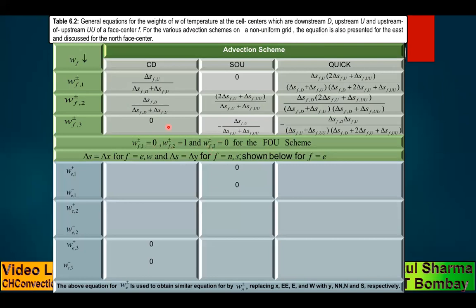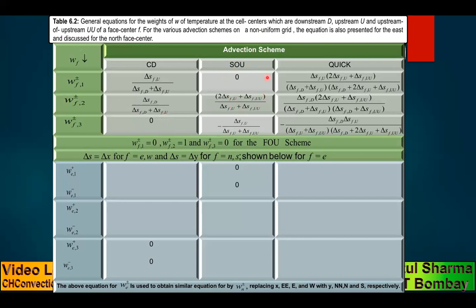Here in first order upwind, you had a constant extrapolation, so it is independent of whether you have a uniform or non-uniform grid, whereas in the other schemes, it depends on the non-uniform width of the control volume.